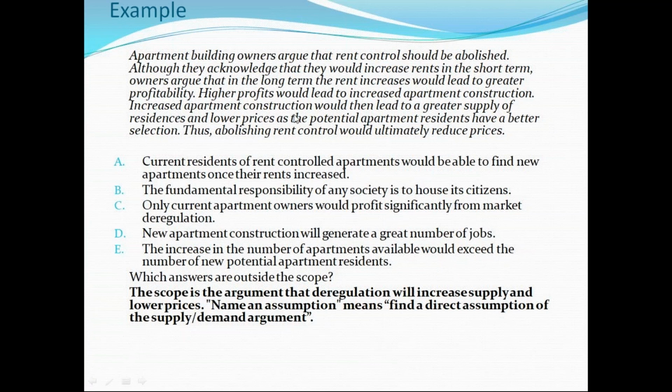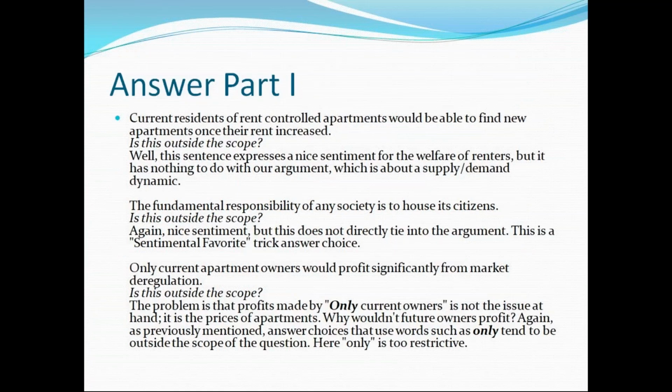There is nothing mentioned about that in the stem, so that would be an irrelevant option. It's out of scope. This sentence expresses a nice sentiment about the welfare of renters, but it has nothing to do with our argument, which is about supply and demand. So it's out of scope.